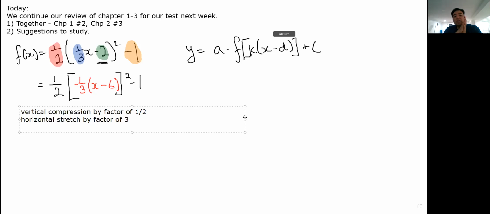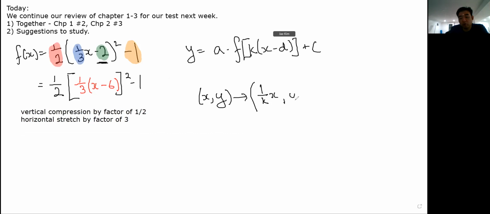Please notice that the k value is 1 over 3, which means you multiply all the x values by 1 over k. There was that part when we were learning about mapping and transformations where I showed you how the x value is multiplied by 1 over k, right?